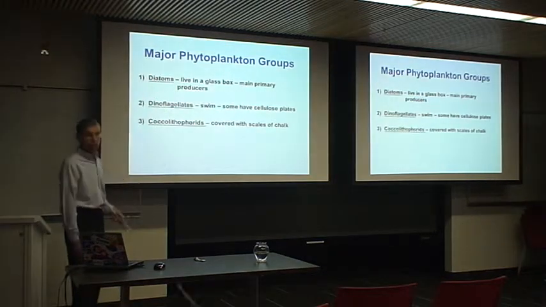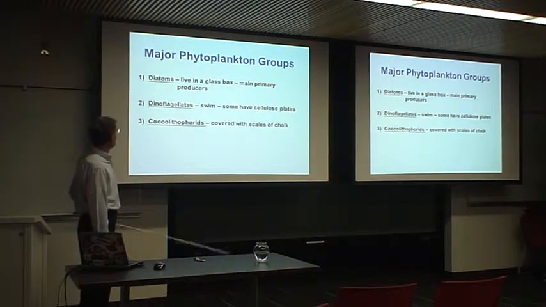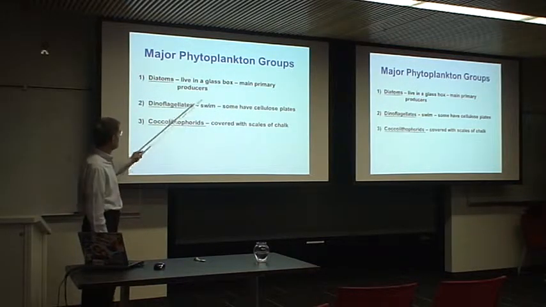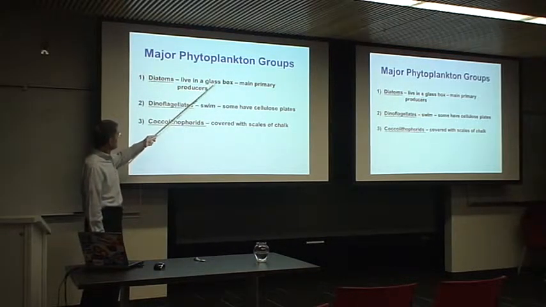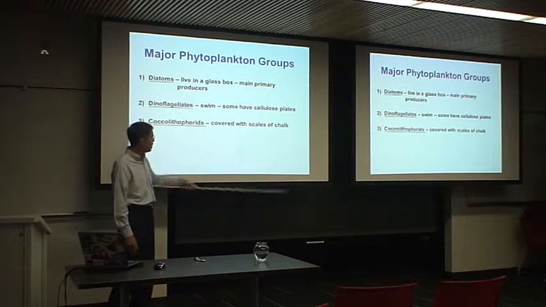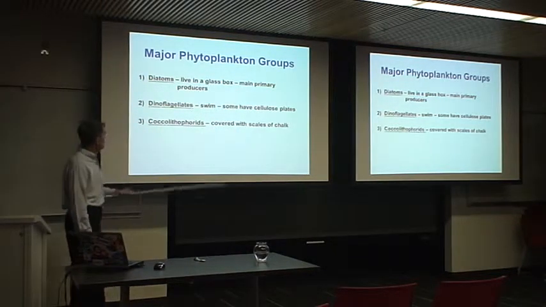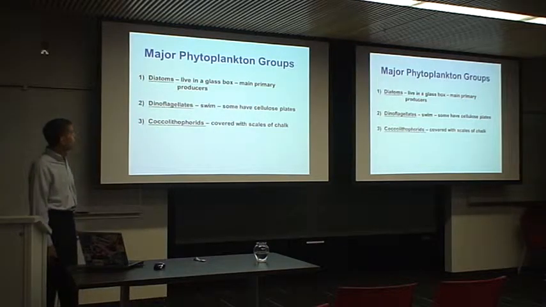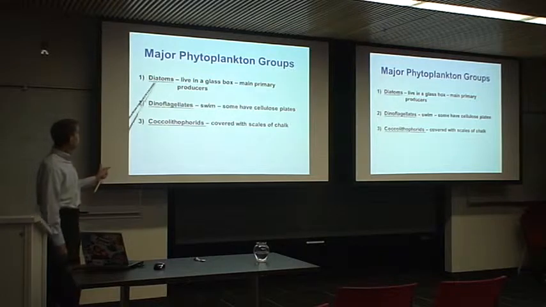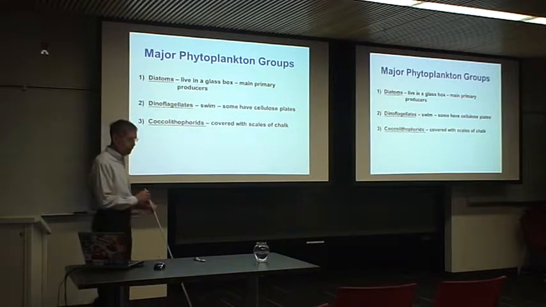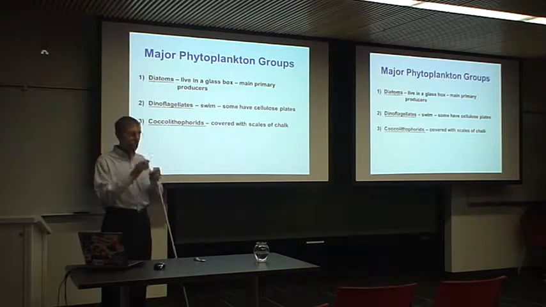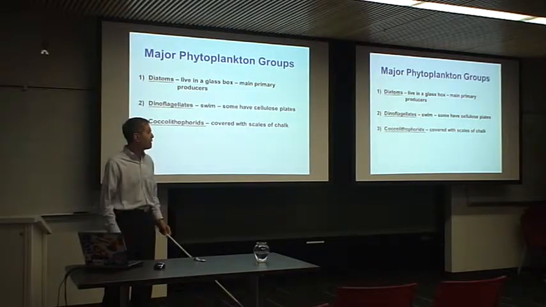The other way to group the phytoplankton is by their cell covering. So some of them actually have glass, some of them have cellulose plates, and some have chalk. And so they fall into 3 main groups, and I'll be talking about those today. So the diatoms, so if you tell people that I'm studying plants, ocean plants, and they actually live in a glass box, they're quite surprised.